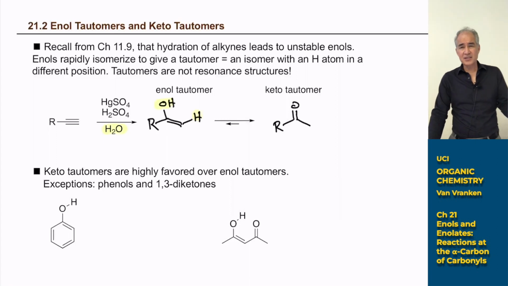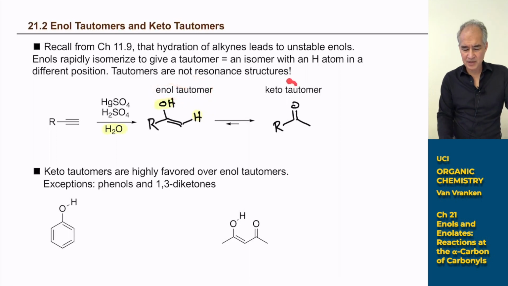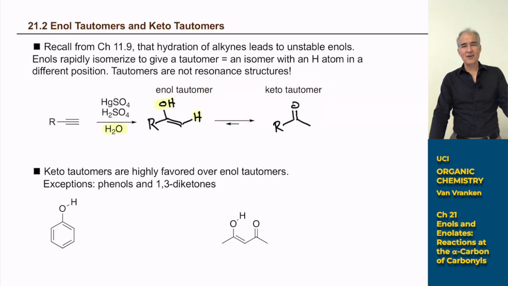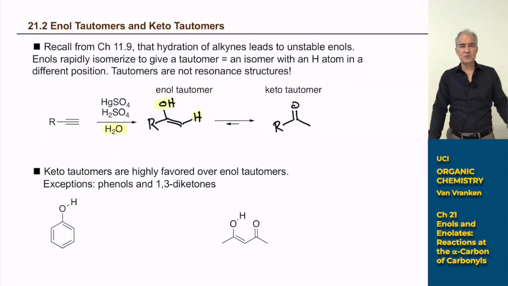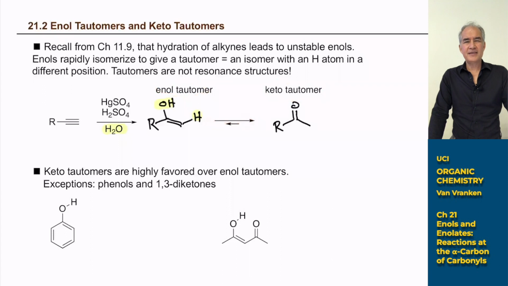And there is an unstoppable isomerization of this isomer here, referred to as the enol tautomer, to the keto tautomer. If I gave you a sample of enol tautomer, within 1 second, all 6.02 times 10 to the 23rd molecules would isomerize into the keto form, into this keto tautomer.